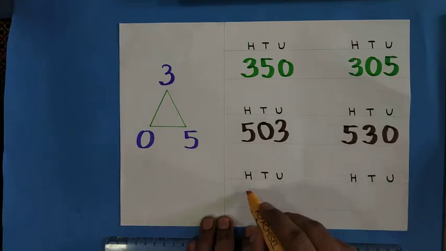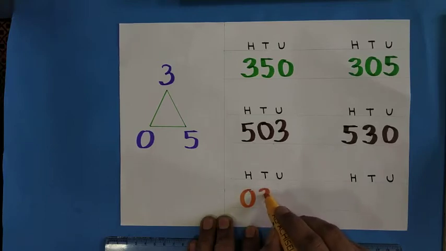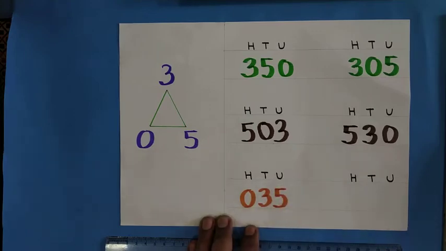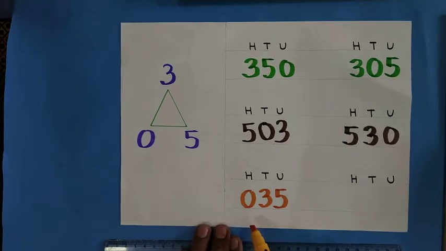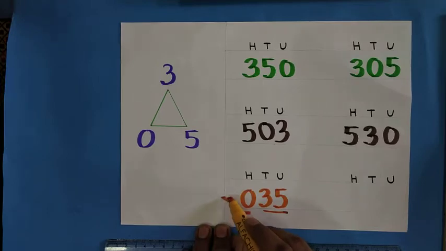Now if we take the 0 at the 100 place, 3 at the tens place and 5 at the unit place, this number is not a 3-digit number because 0 is at the 100 place. This is the 2-digit number 35. This we can't write as a 3-digit number.